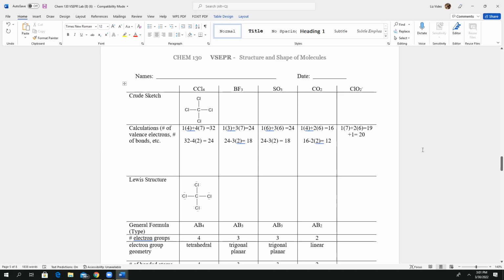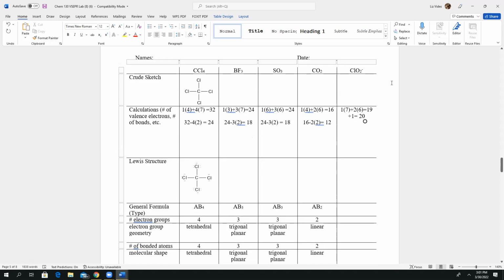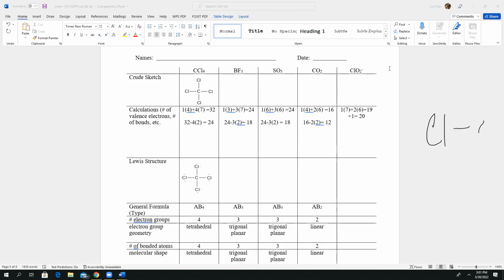All right, next thing to do is to do a crude sketch. Crude sketch tells me I need to draw a chlorine in the middle and oxygens to the side like that. Now, I know I just used a certain amount of these, so I need to subtract those. Don't forget, every step is very important. So we have 20 electrons and we have 2 bonds at 2 electrons apiece.